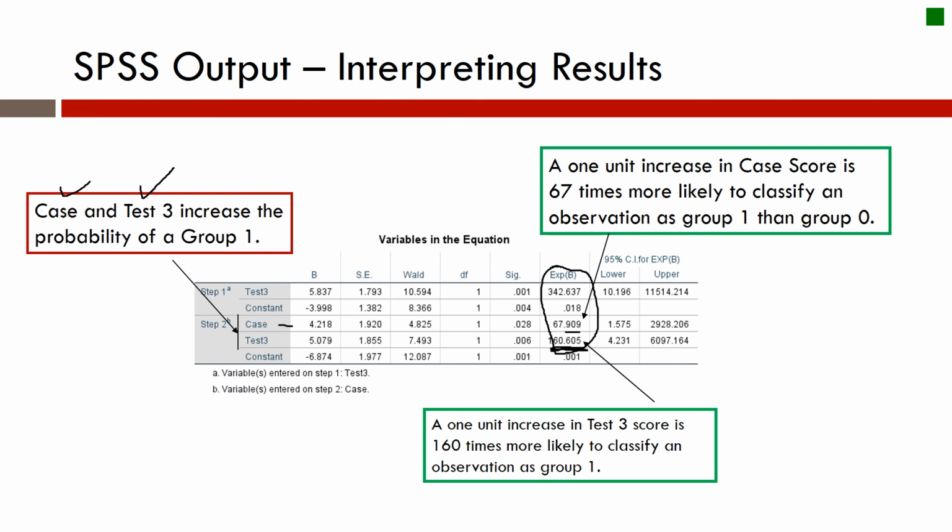Also, test doing the entry method through either enter or a stepwise entry method, either forwards or backwards maybe, and just see what the differences are in terms of your analysis, and try to understand goodness of fit and whether the model is strongly predicting group membership above and beyond the base model, and then the degree to which it is. All right, so that is an analysis of the output that emerges from Logit.